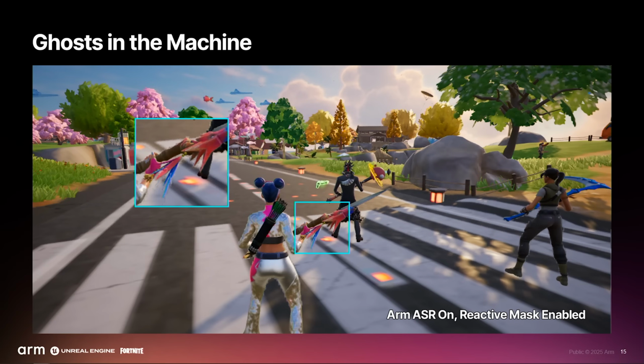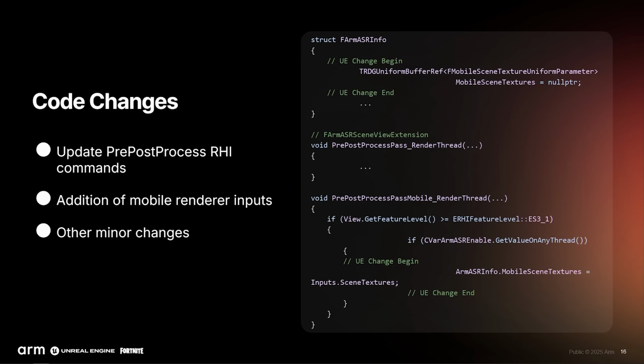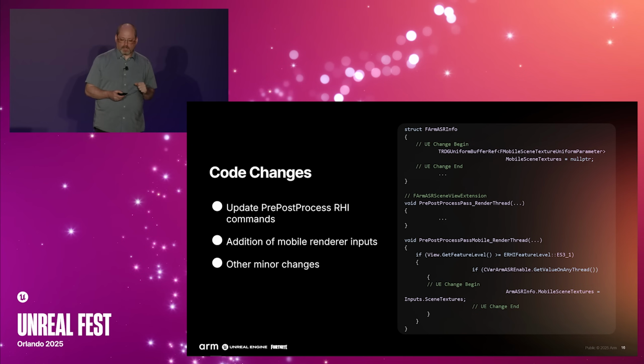So let's go a little bit more over what our code changes were. We did have to make some slight modifications to the engine and to the plugin to make this work for Fortnite. One of those things is that we updated the API for Unreal Engine, the mobile renderer portion, to be able to provide the inputs that the ASR plugin needed, things like the velocity buffers and motion blur buffers, and the color and depth.